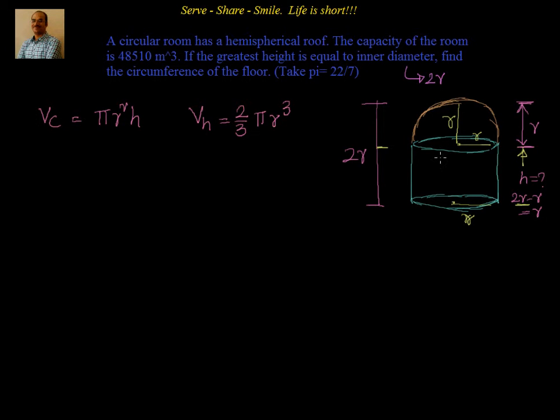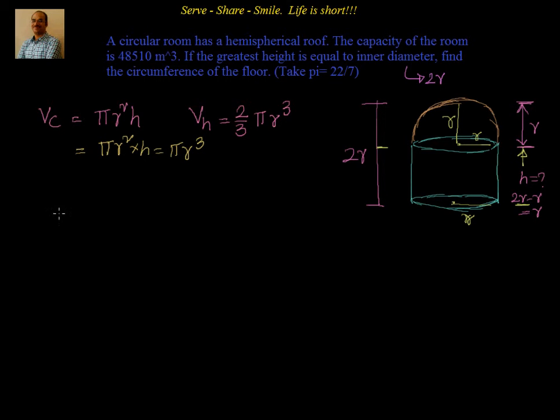We will add these and equate it to 48,510. A little bit of mathematical calculation should give us directly the value of the radius. So pi r square h. What is the value of h here? We know that h is equal to r. So that's equal to pi r cube. Now we have both the volumes in terms of pi r cube.